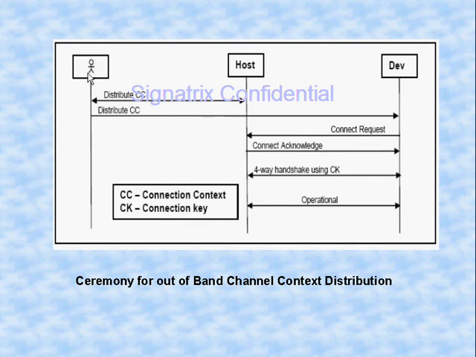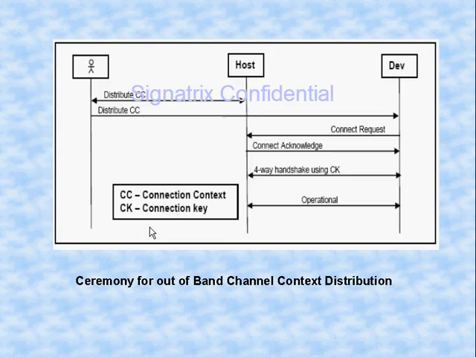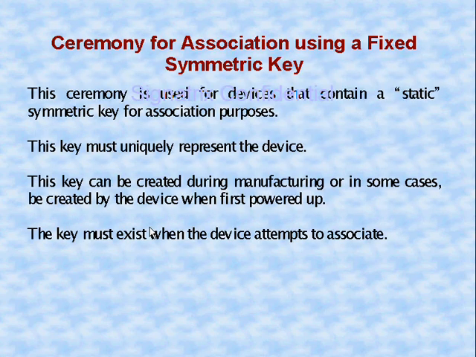We know that the user interface is also an out of band channel. So the user may either directly enter the context information or physically shuttle a context container. So that's all about the ceremony using the OOB channel.